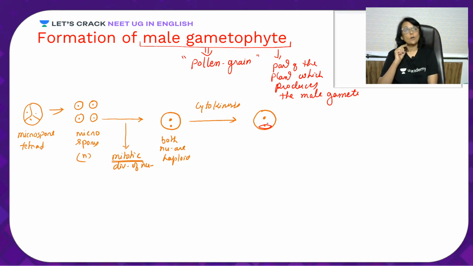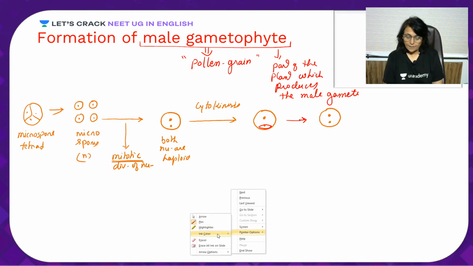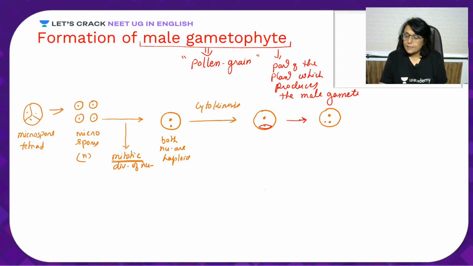That means now there are two cells, one larger cell and one smaller cell, which is actually inside the larger cell. So after some time we will find that this larger cell has its nucleus and the smaller cell, which is spindle shaped, is now actually floating in the cytoplasm of the larger cell.